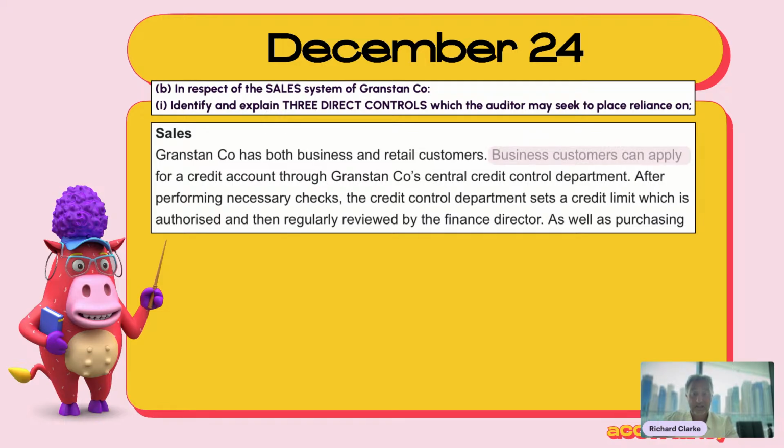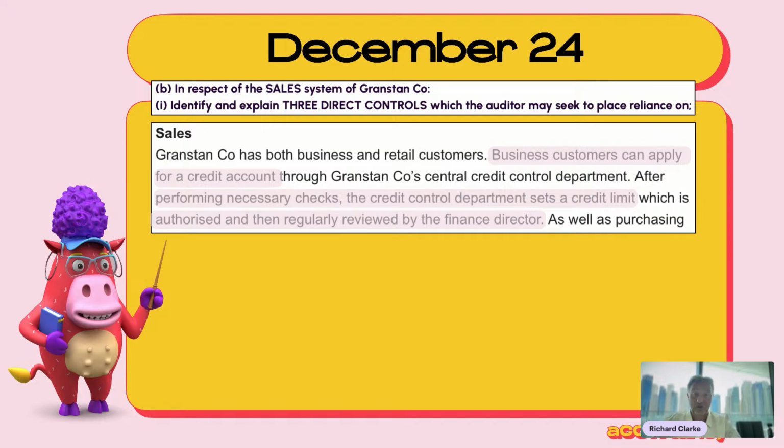So here is the sales system. And it says business customers from this company can apply for credit through the credit control department. And after performing necessary checks, the credit control department sets a credit limit, which is then authorised and regularly reviewed by the finance director.